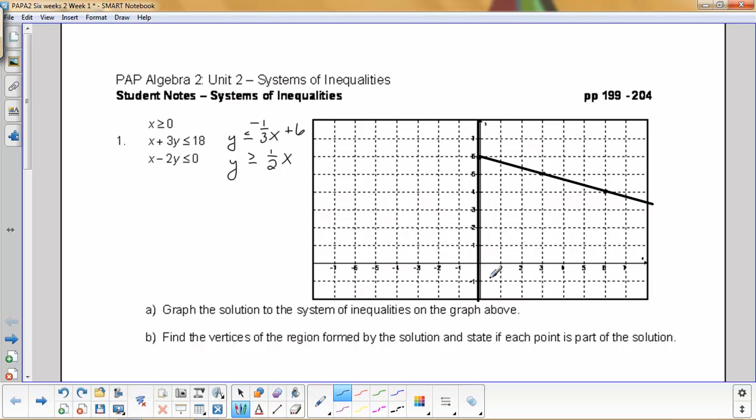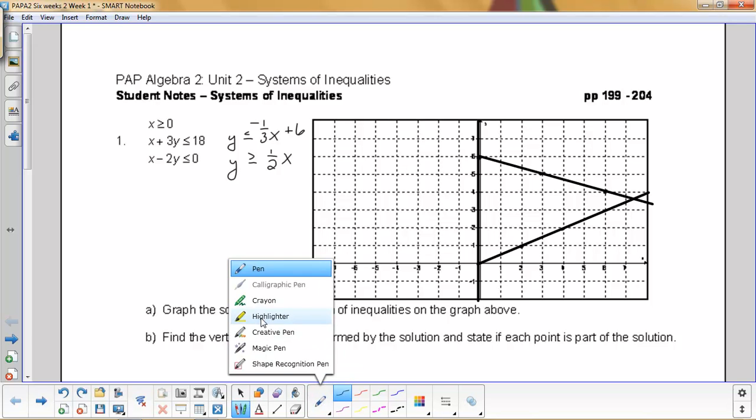Then do the same thing here, y-intercept of 0, up 1 over 2, up 1 over 2. I'm using solid lines in this particular example because each of the inequalities is less than or equal to or greater than or equal to.